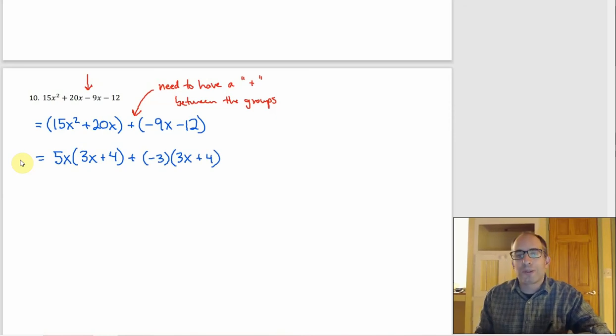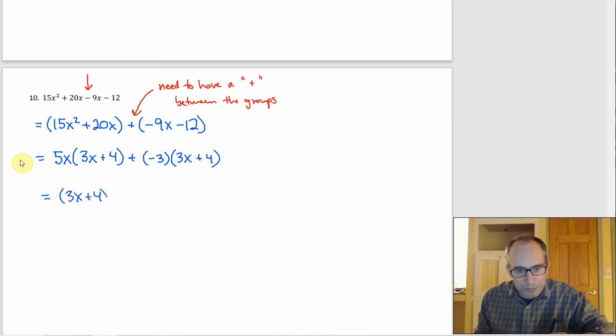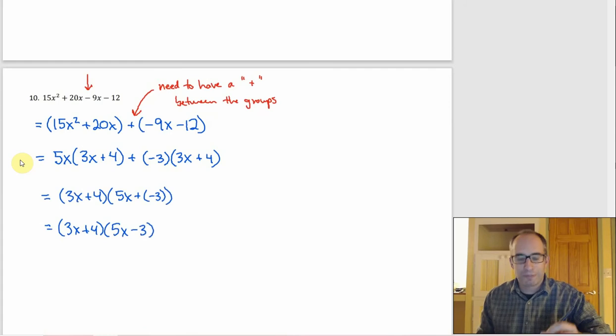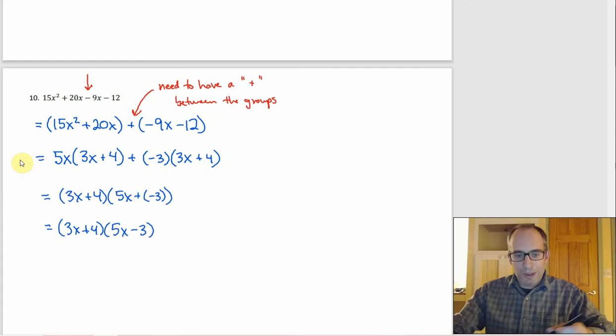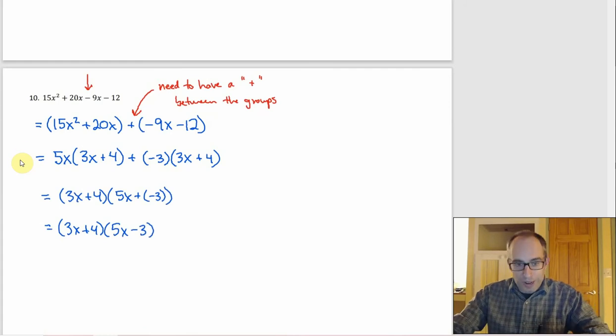And look, 3x plus 4 is in both of these. So you'd get 3x plus 4 times 5x plus negative 3, or written the more conventional way, 3x plus 4 times 5x minus 3. Okay, that is the right answer.